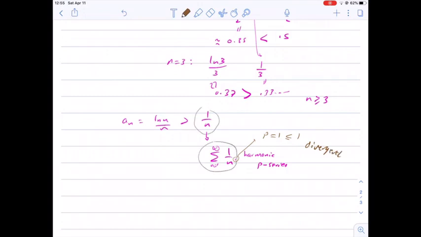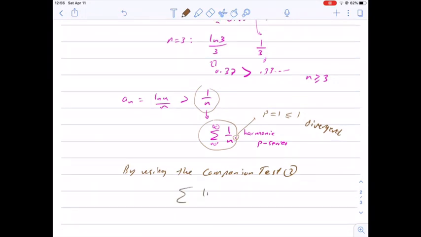So the smaller series is divergent by using the comparison test. Part 2, we find that if the smaller is divergent, then the larger is divergent. Our series natural log n over n from 1 to infinity is divergent.